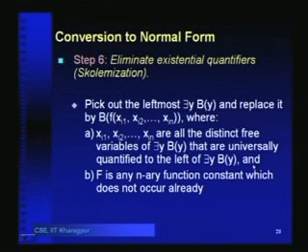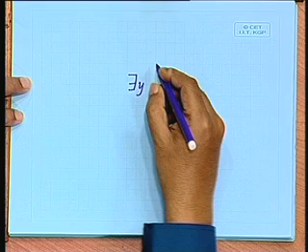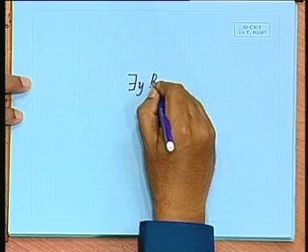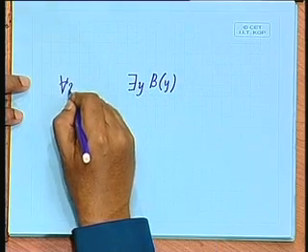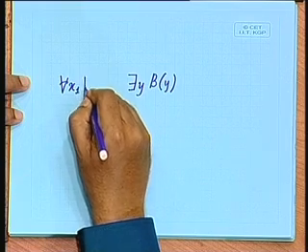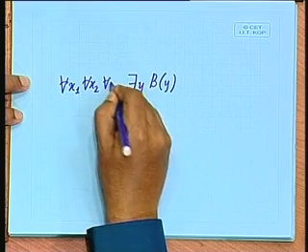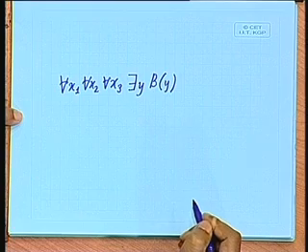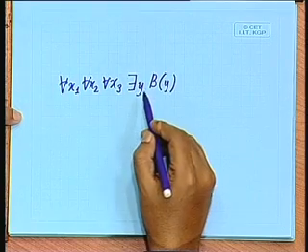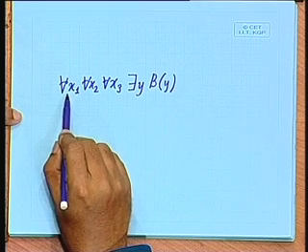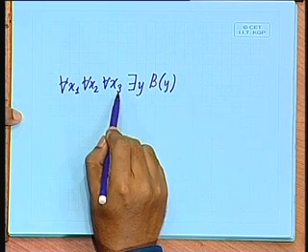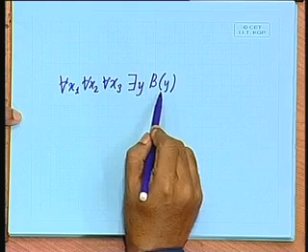Now, let me explain this through an example. Suppose we have there exists y by, and you have some for all x1, for all x2, for all x3 here. What does this say? That for all x1, for all x2, for all x3 there exists such a y.